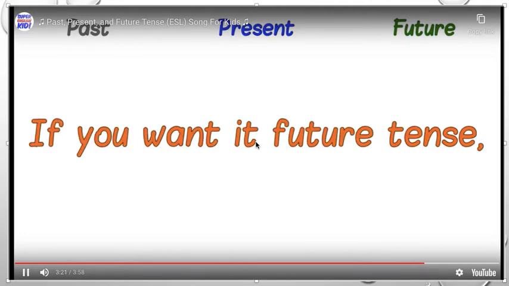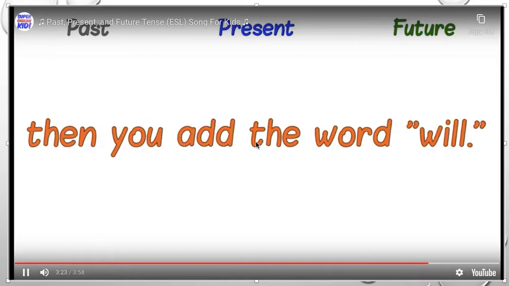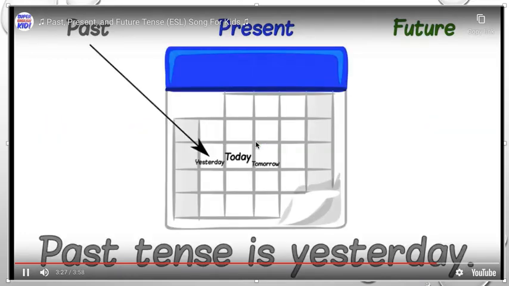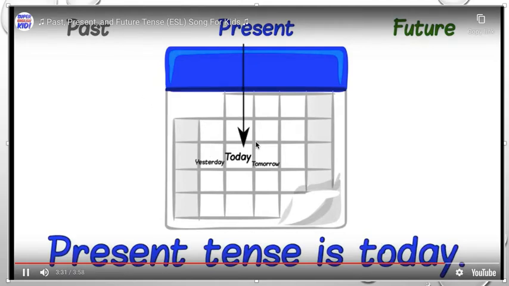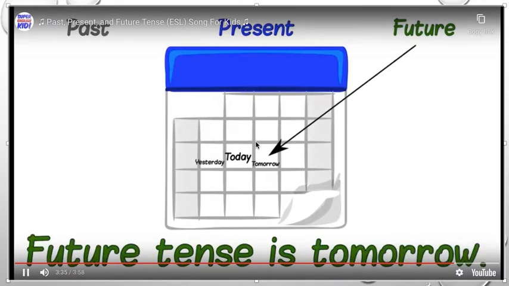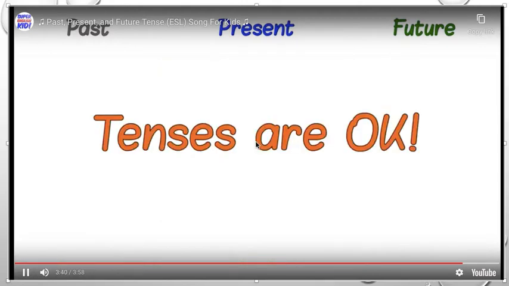If you want it future tense, then you add the word will. Past tense is yesterday. Present tense is today. Future tense is tomorrow. Tenses are okay.